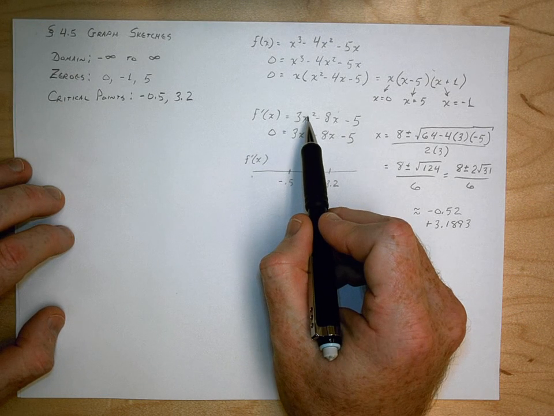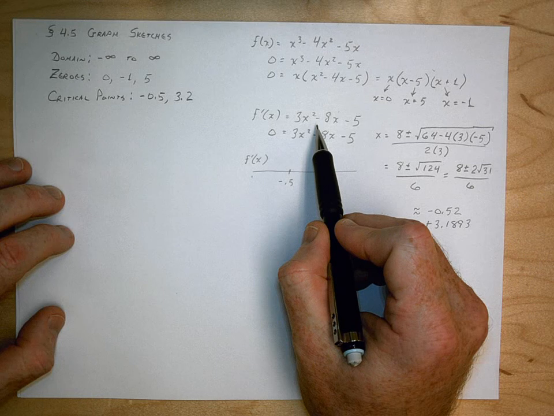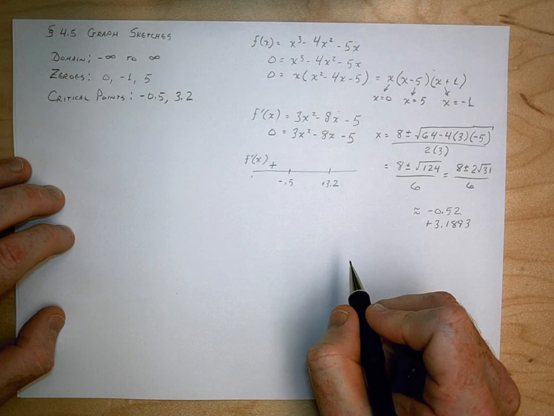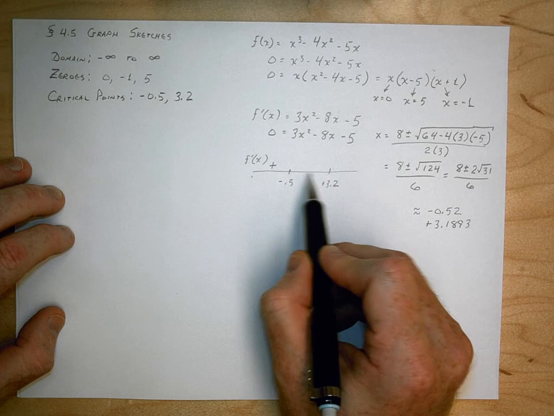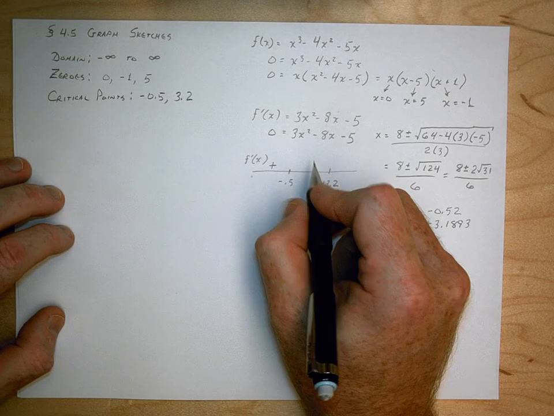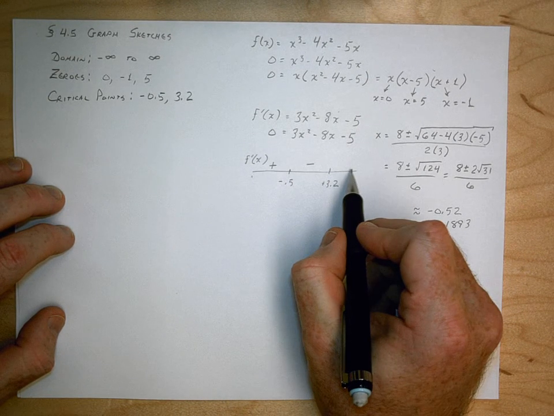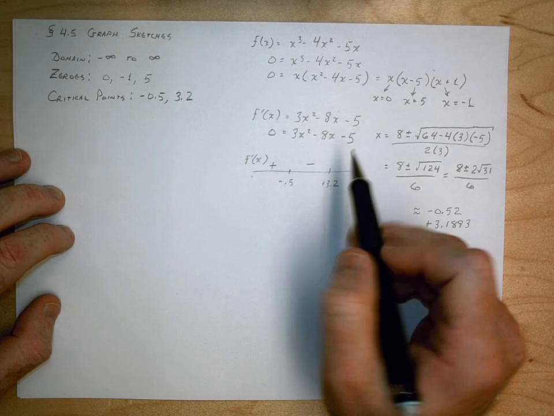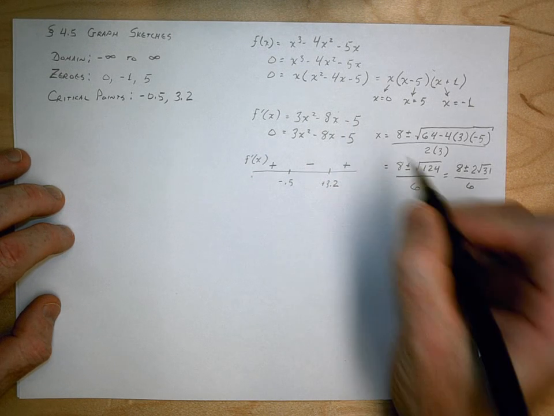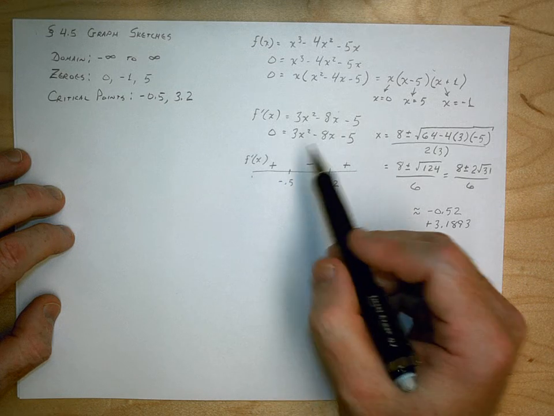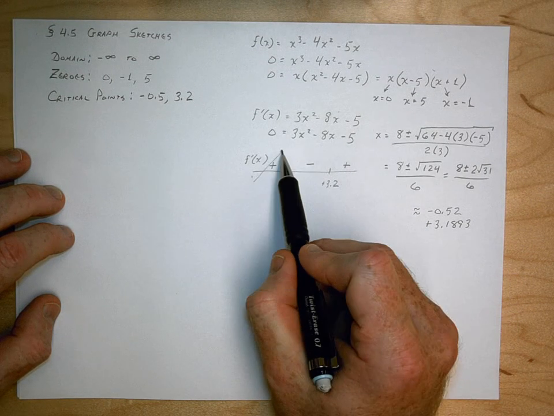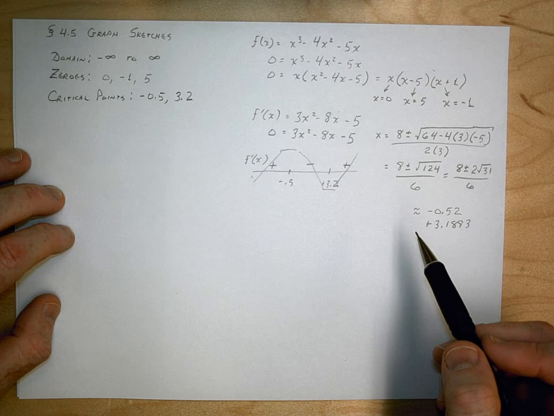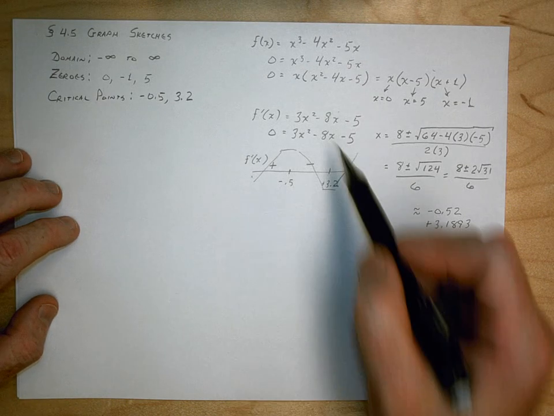That'll become a positive 3 plus 8 is 11, so I get a positive over here. Between these two, I'll pick 0. I get 0, 0, minus 5. That's a negative. And if I pick something like 4, I get 3 times 16 minus 32. That's going to be a positive. So now I know my sign changes. I know I've got positive slopes, a peak, negative slopes, a valley, positive slopes. At least I think that's what it looks like.